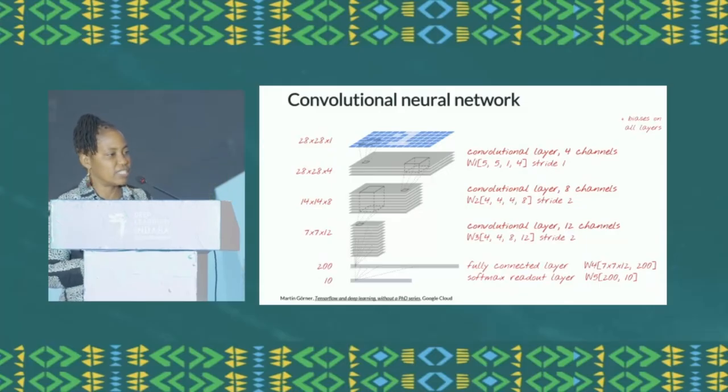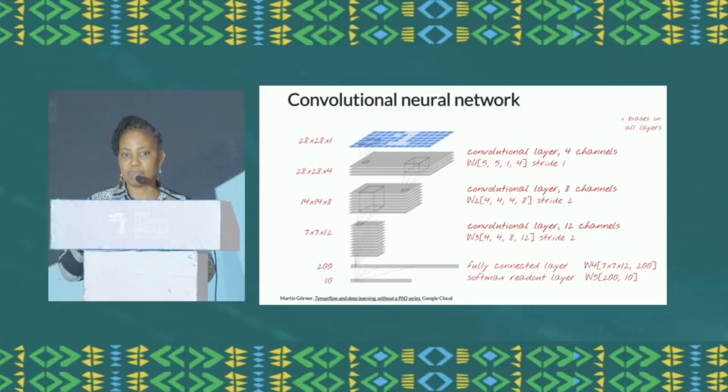The stride is 1, moving 1 pixel at a time over the image. Therefore, the output is still a size of 28 by 28, but with 4 channels, meaning the filters extract low-level features of the image such as edges and corners.